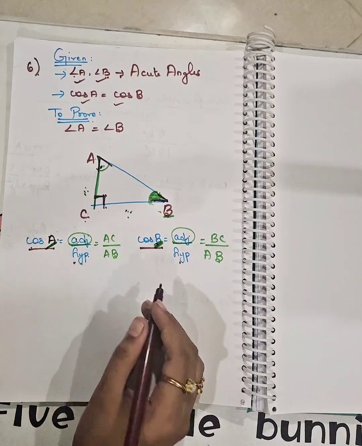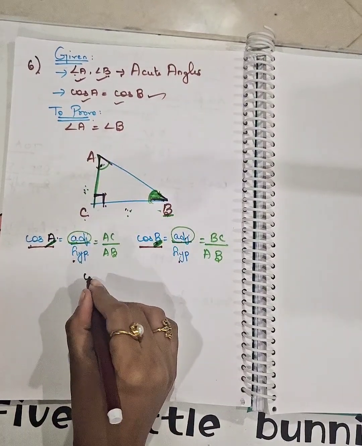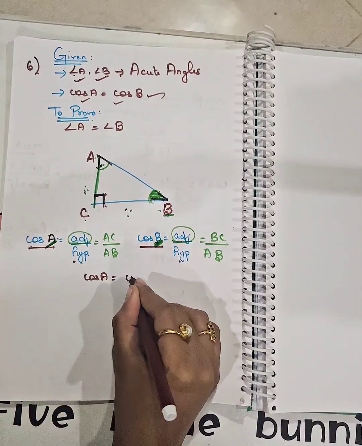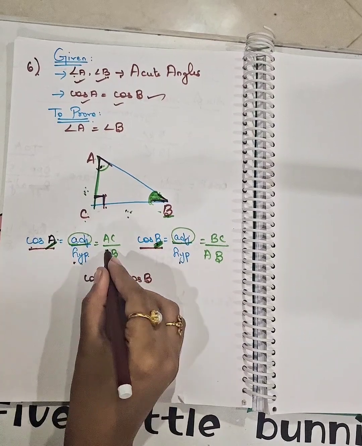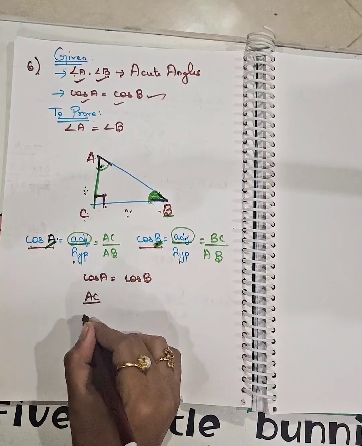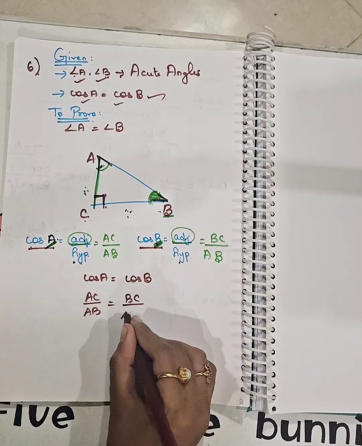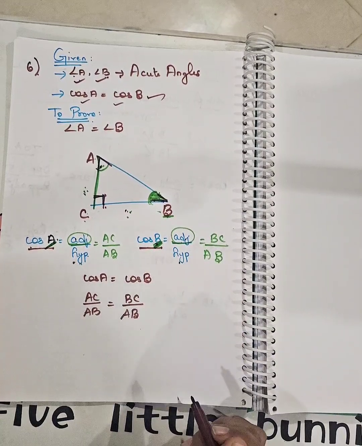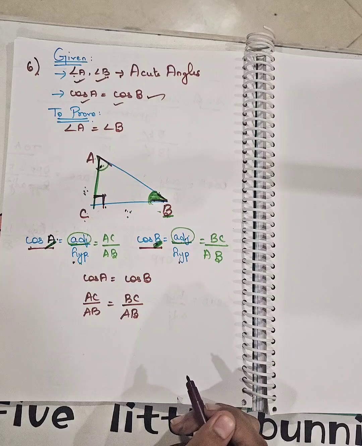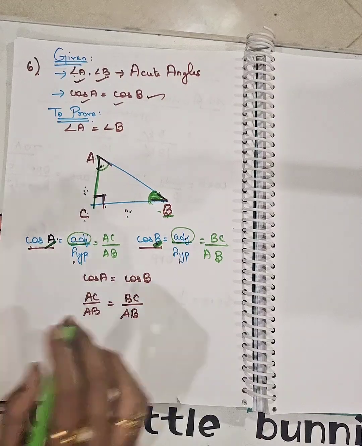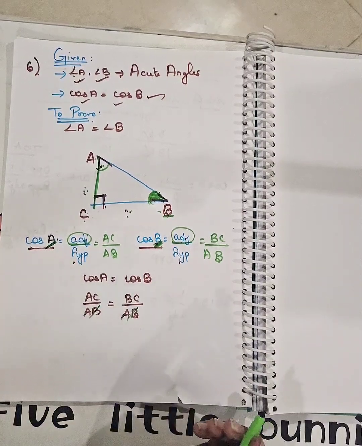Very simple. Now, according to our given, cos A is equal to cos B, right? So, what is the answer for cos A, which we have found? AC by AB. What is the answer for cos B? We have found BC by AB. That is all. So what are we trying to prove here? Both these ABs would be cancelled.